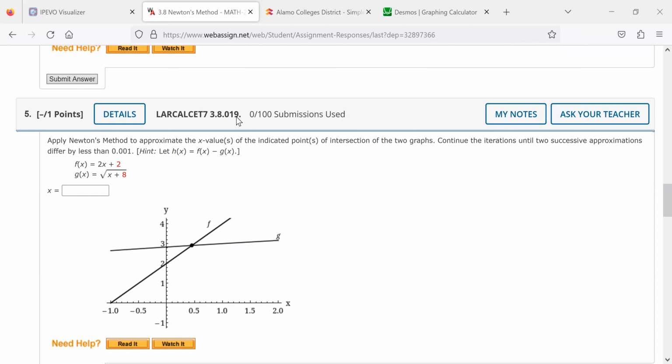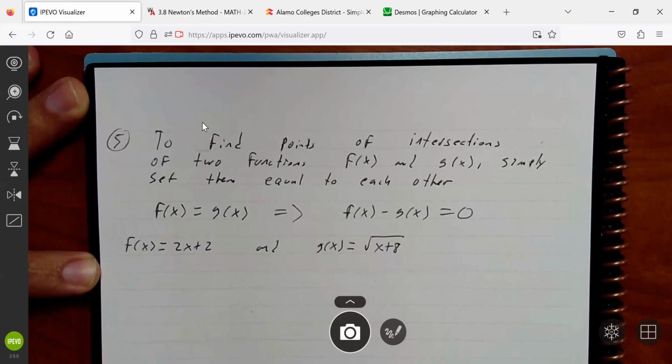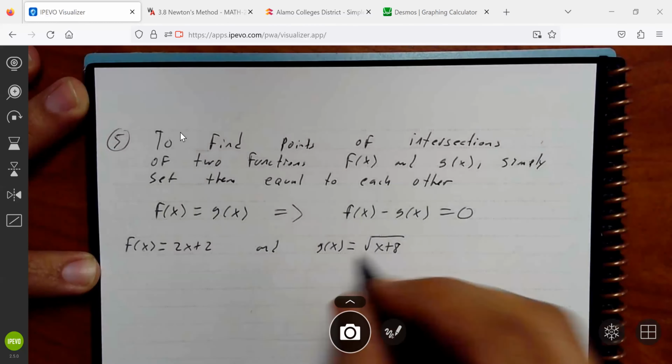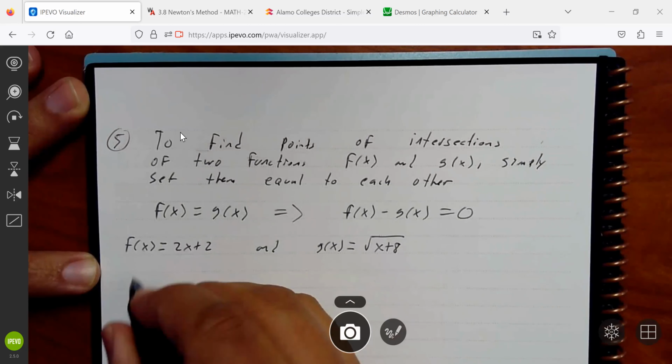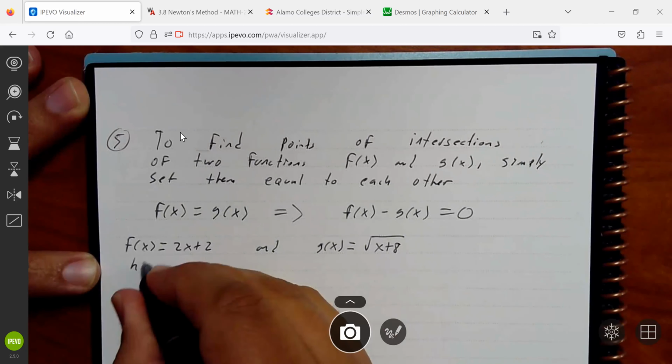Kinda, at least. That's basically what you do. But what we want, right? What we want is to use this function instead, h of x.